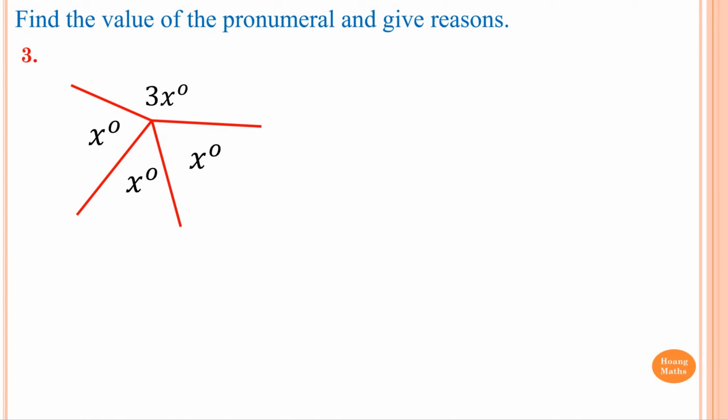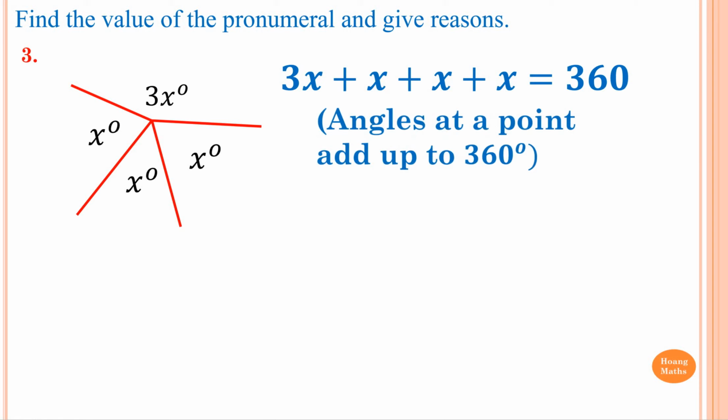Now, question number 3. So we know this angle here all add up to 360. And the reason is angles at a point add up to 360 degrees. So 3x add another x is 4x. Add another x is 5x. And then add another x is 6x.